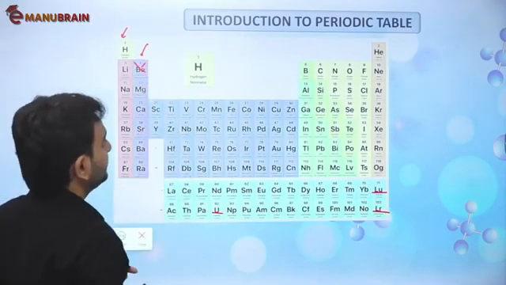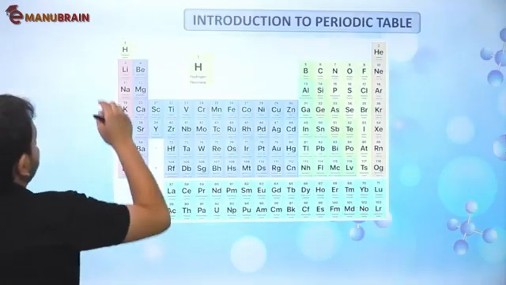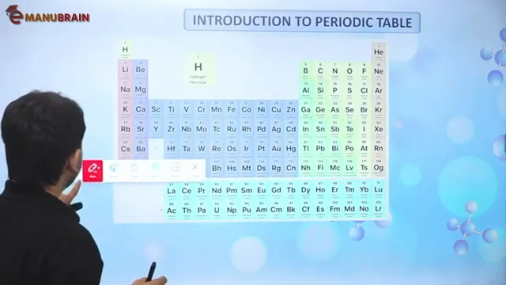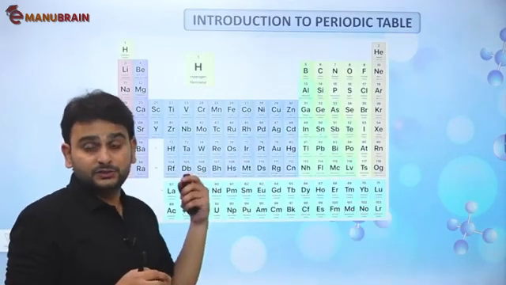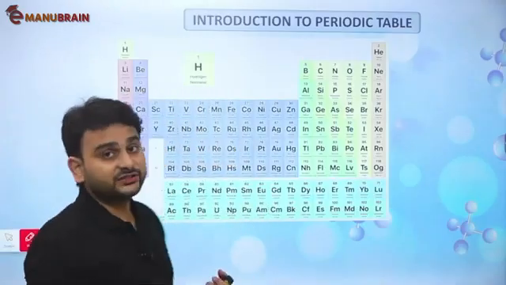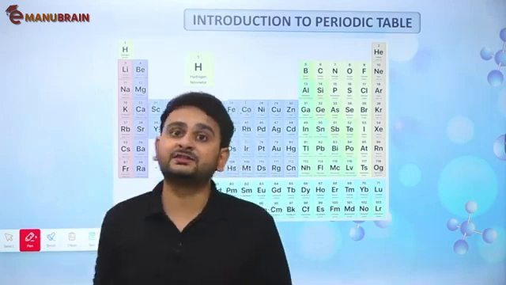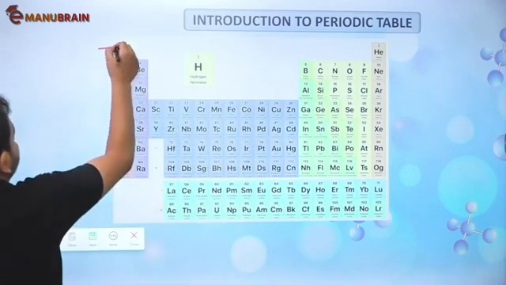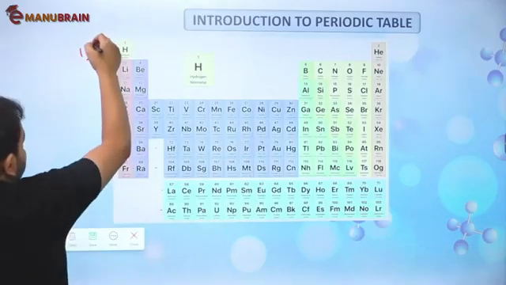Apart from that, if we talk about the periods, the periods are defined by the final shell that is getting filled. In every period, it's the s orbital that gets filled first. For example, the shell that gets filled over here is 1s, so this is 1s1, hydrogen.